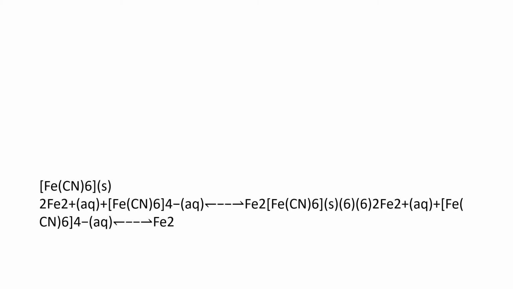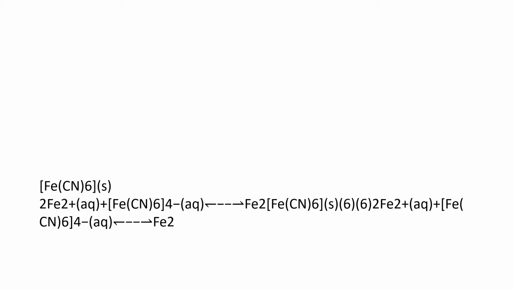Now come to external indicators. Sometimes completion of the reaction is indicated by the use of a substance outside the reaction mixture. Such a substance is called an external indicator.